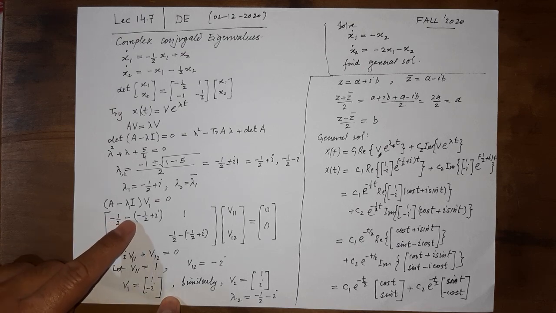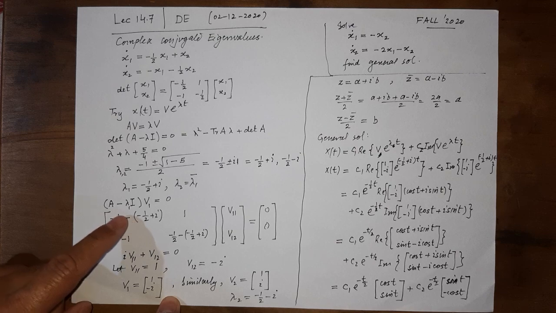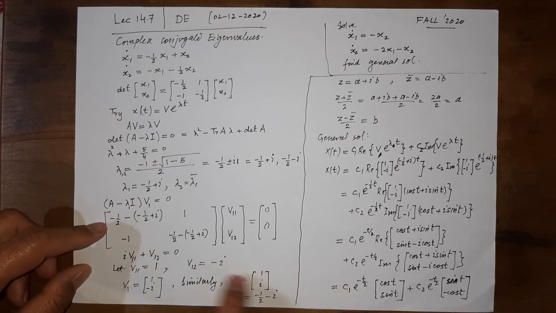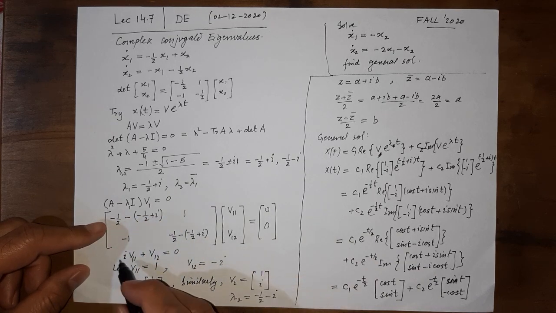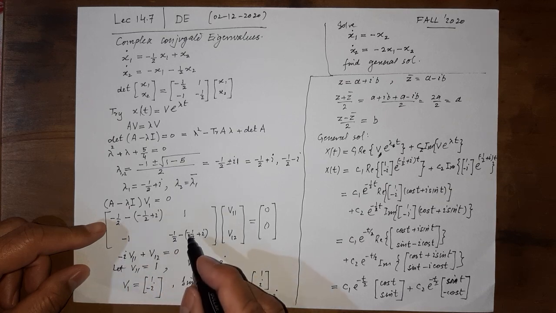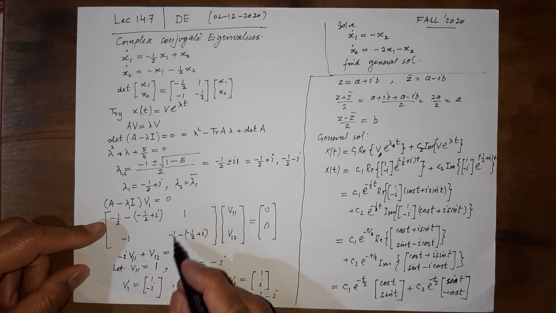Minus half minus this thing, so we get minus iota. Oh, this minus sign. You see, I got suspicious of the answer. So here we are going to get plus this, but minus iota. So minus iota. Right.